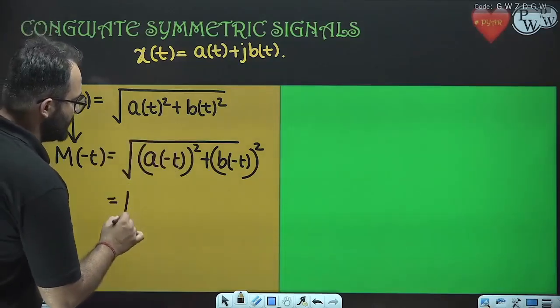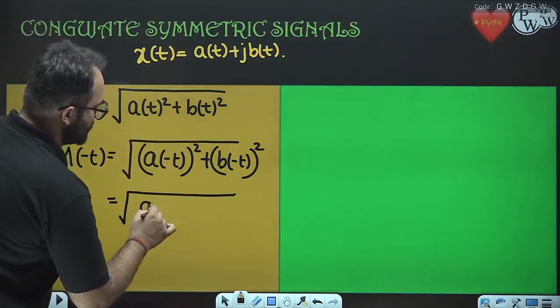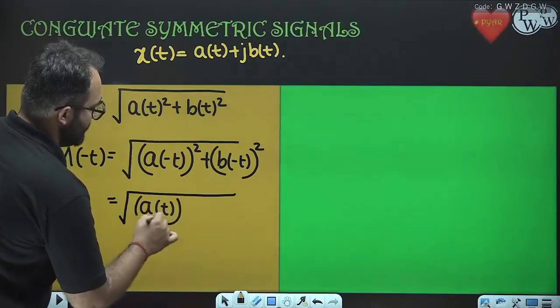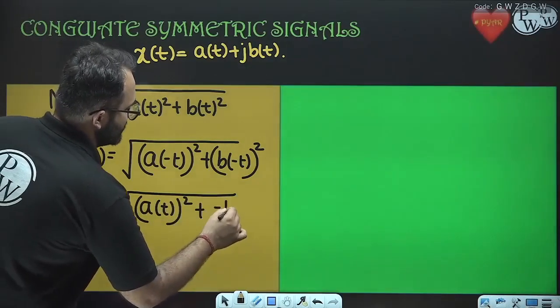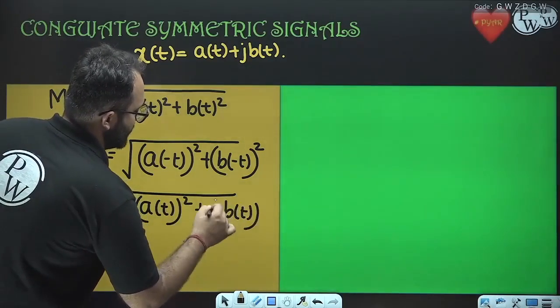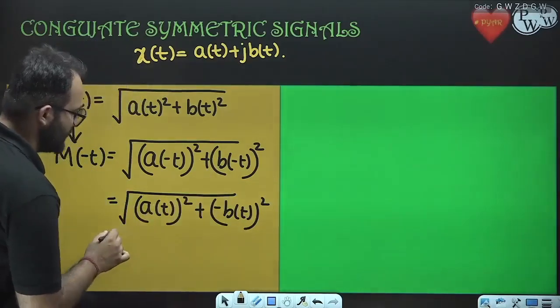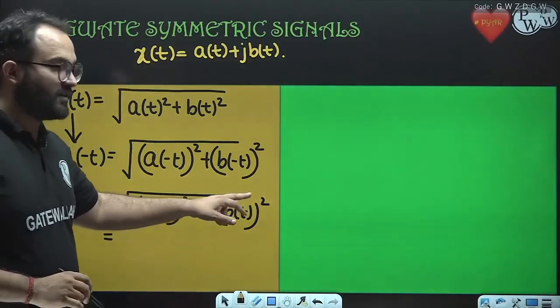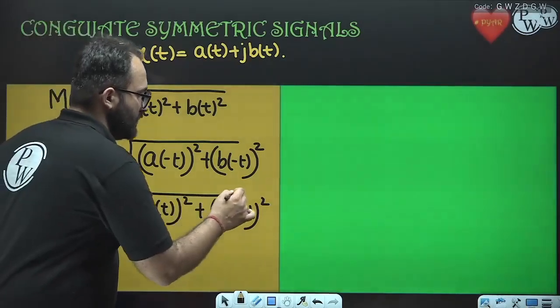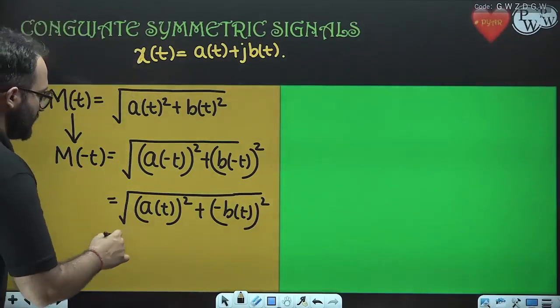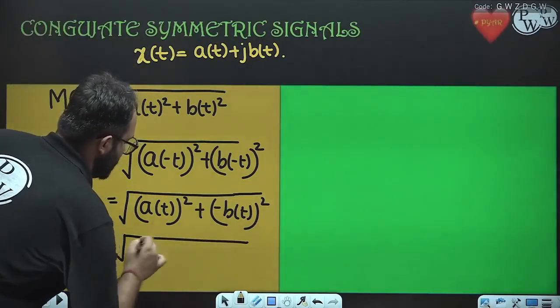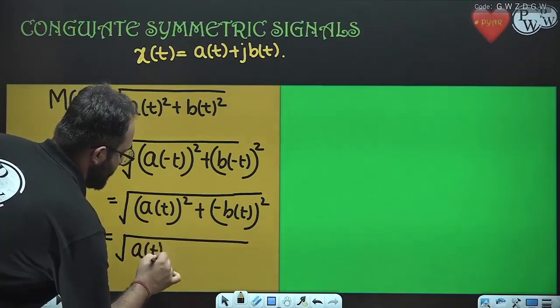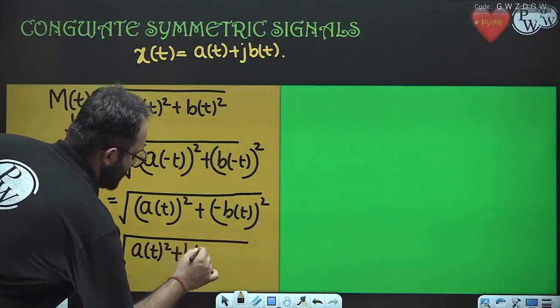As we know, a(-t) is equal to a(t), and b(-t) is minus b(t) whole square. So this minus sign will go because of the square term. So this will come out to be the square root of a(t) square plus b(t) square.